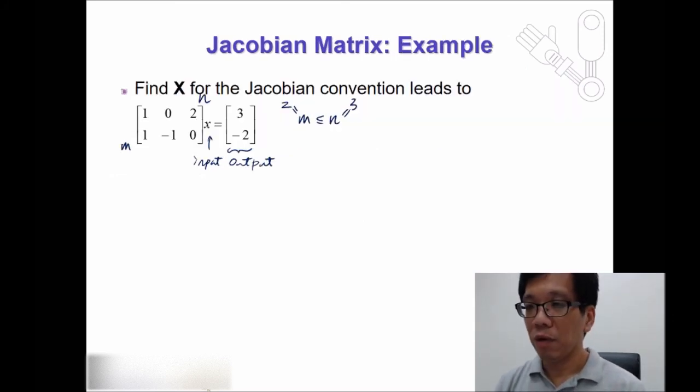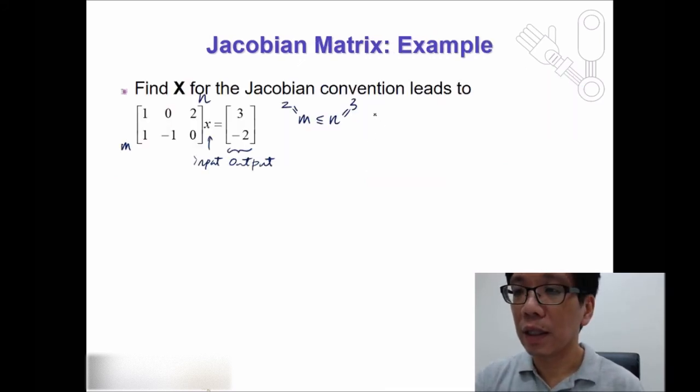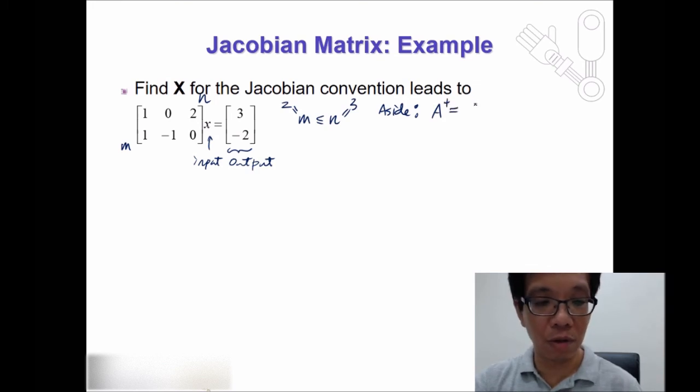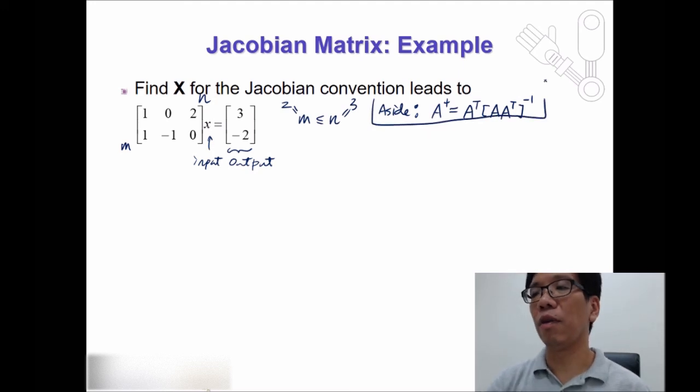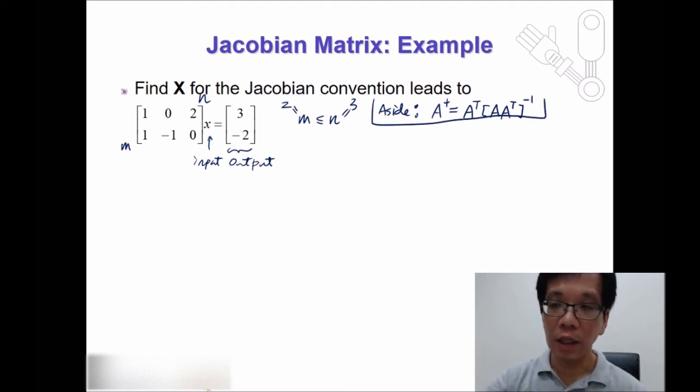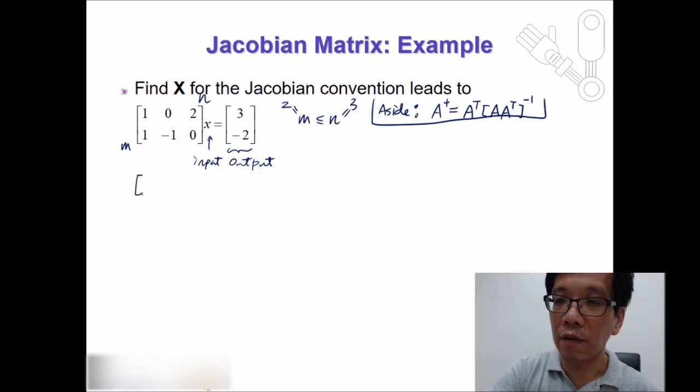So the formula tells us, let's do this one as a side, A plus equals AT, AT inverse. So this is the formula that we're going to use. To do that, I have 1, 1, 0, negative 1, 2, 0.